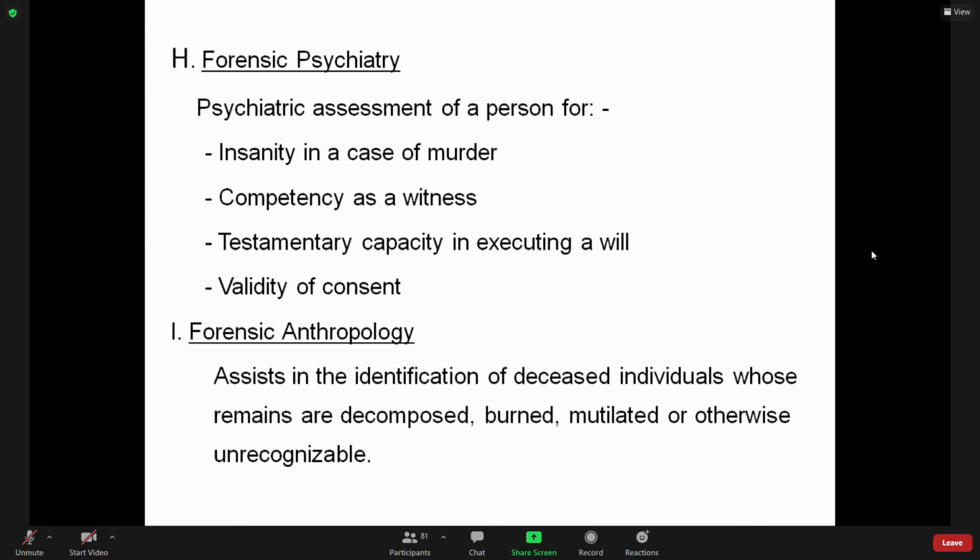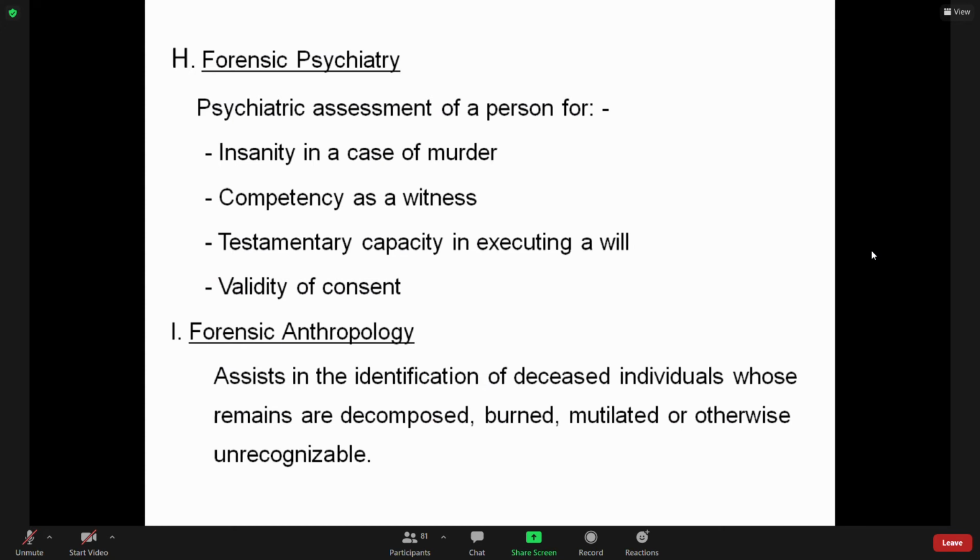If a body is badly cut into pieces, and some pieces are thrown somewhere, of course the person who committed homicide doesn't want any kind of evidence, so he will cut the body into pieces and throw the pieces of body in various places, that is mutilated. Sometimes it can be just one part of one body, that can also be a mutilated body.